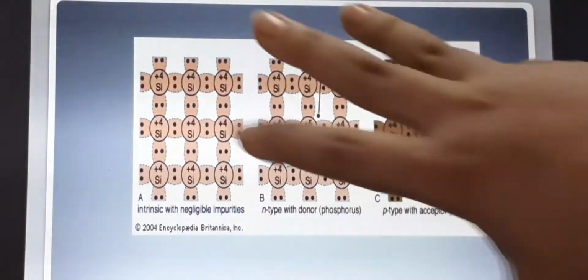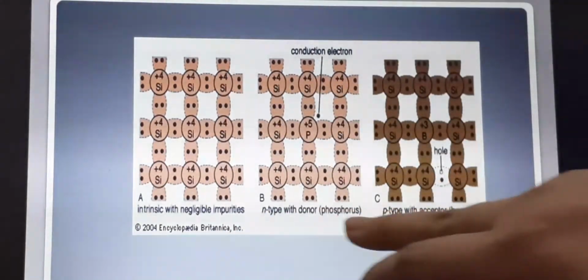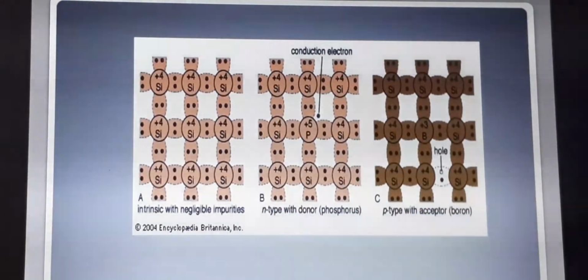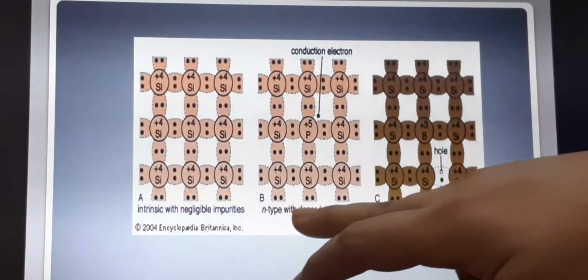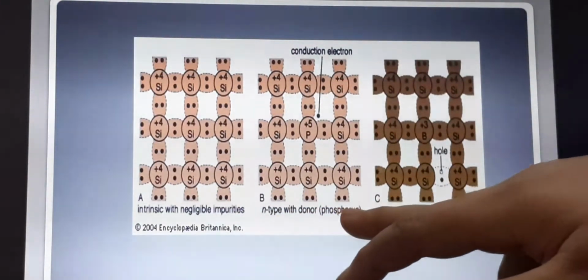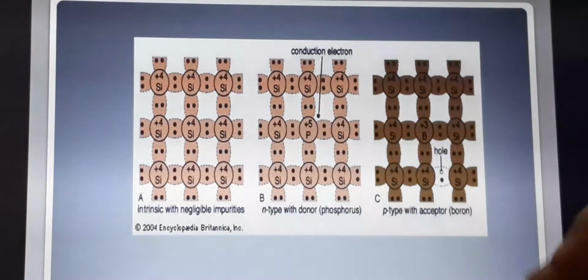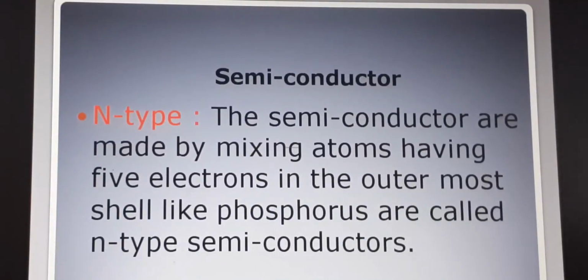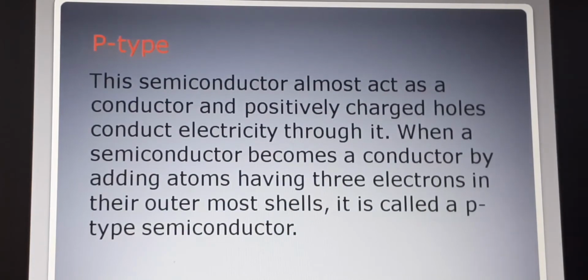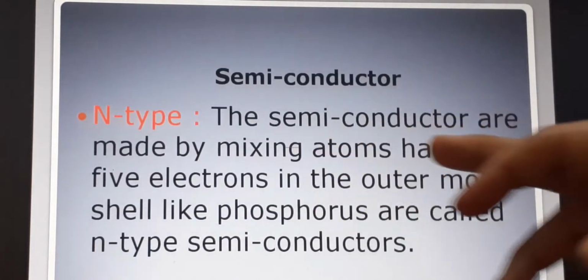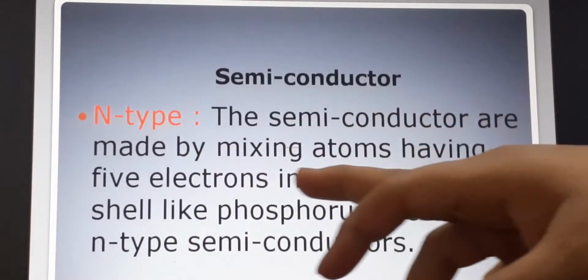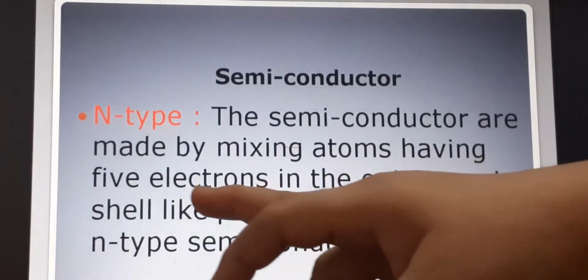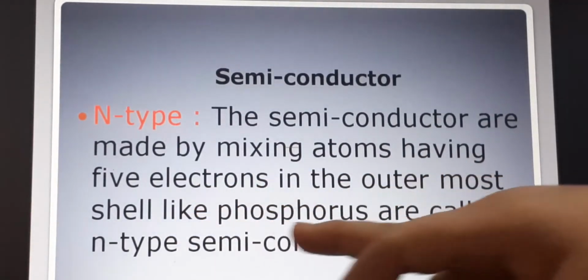This is the total structure of N-type and P-type semiconductor. N-type semiconductor with phosphorus, P-type semiconductor with acceptor. We know that semiconductors are of two types. One is N-type and the other is P-type. N-type semiconductors are made by mixing atoms having 5 electrons in the outermost shell, like phosphorus.